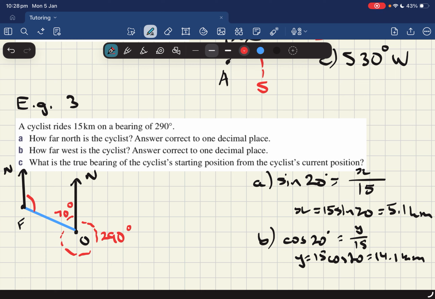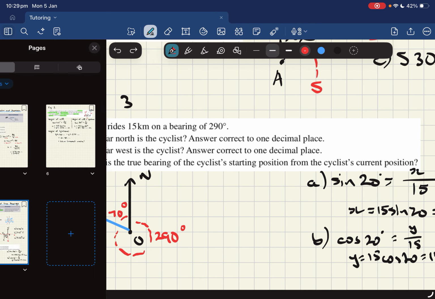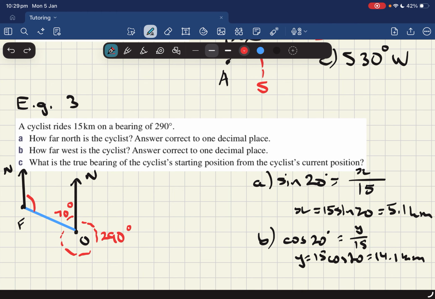And because these are parallel, because remember north is always parallel to north, think about what shape I have here. I've made a C shape. These two angles are what we call co-interior angles, right? This unknown angle and 70 are co-interior angles, meaning they add up to 180 degrees.